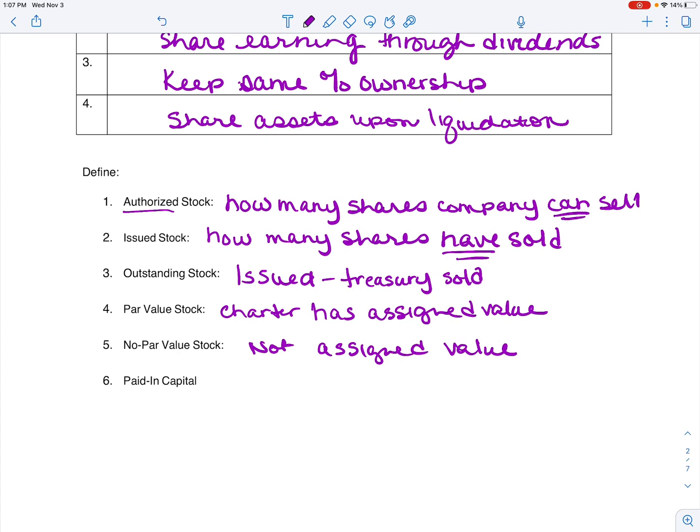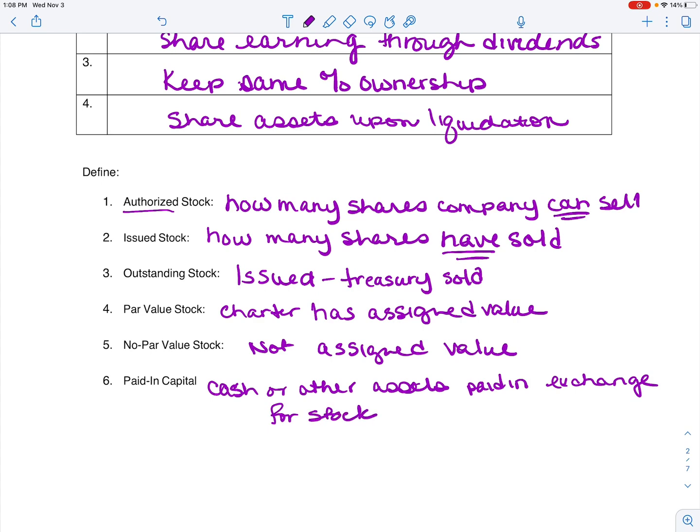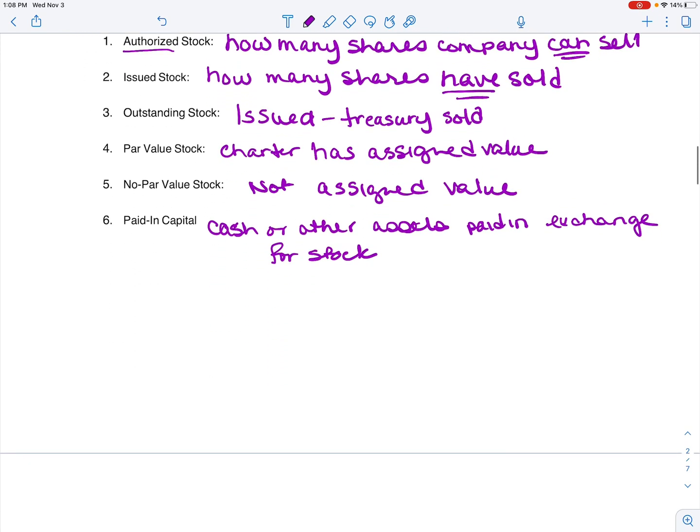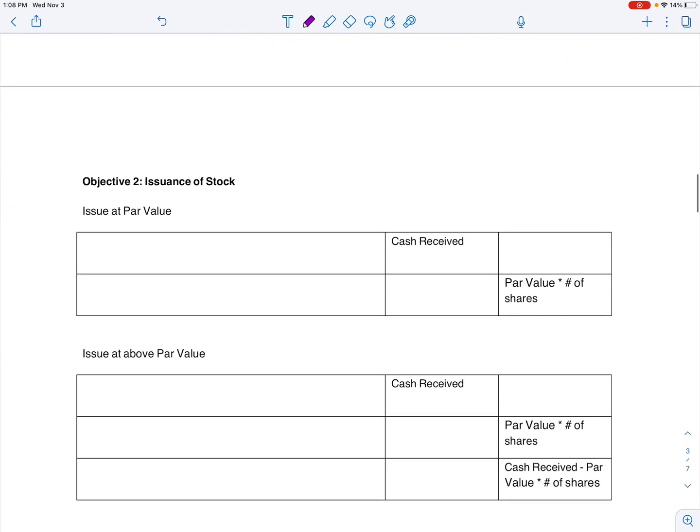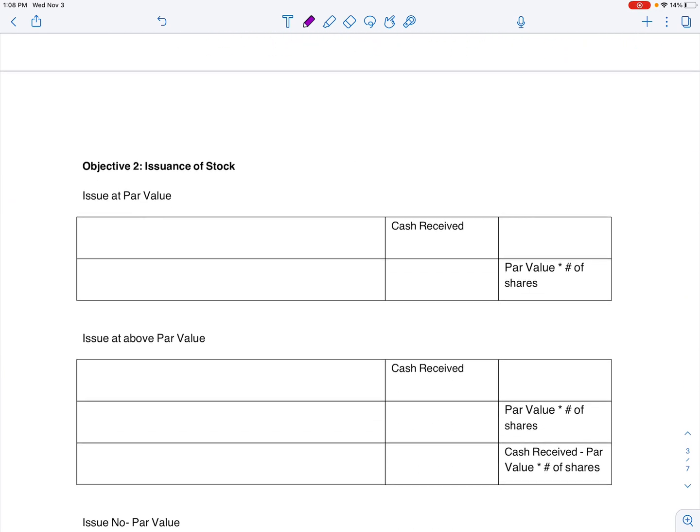And paid in capital, you have to understand, is the cash or other assets paid in exchange for this stock that is over its par or no par value. So I'll show you what that means.